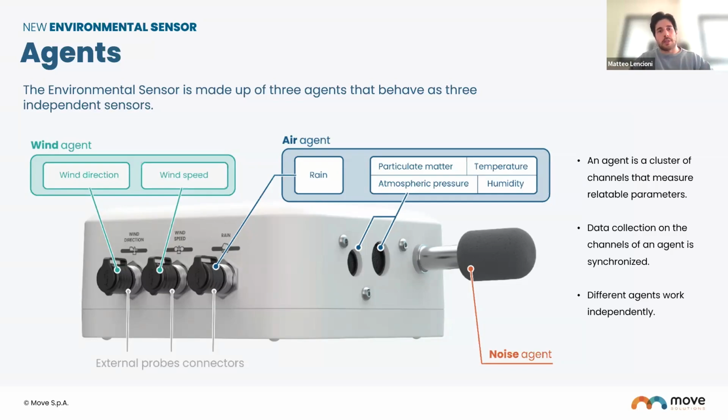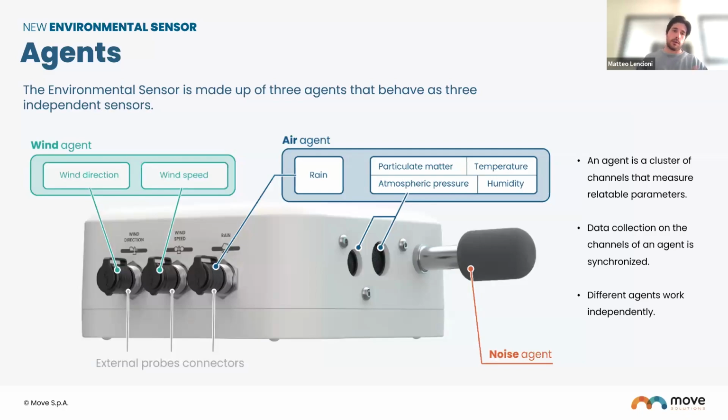The reason why we wanted them to be separate is that it allows us to set them on different parameters. For example, the sample rate on each one of these agents can be different, and so can other settings like the averaging windows, or whether or not you put them in low power mode. So you can work these 3 agents independently with respect to one another.